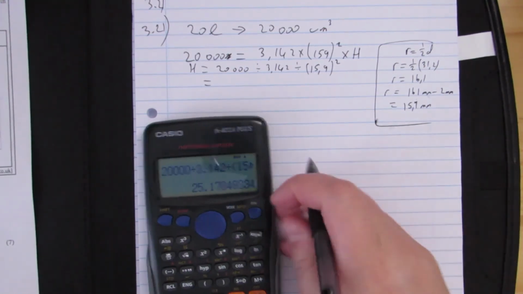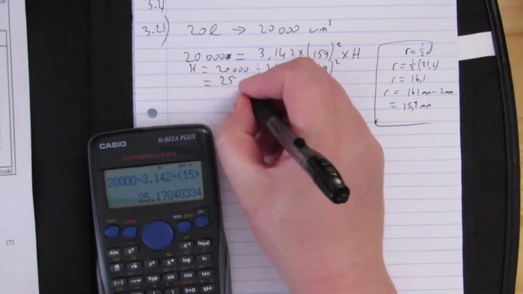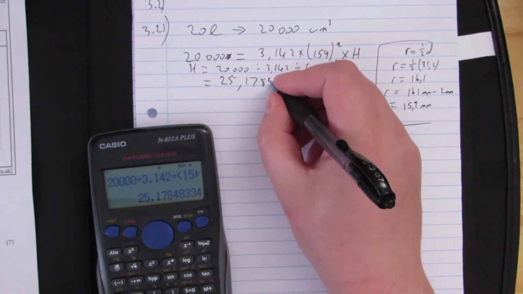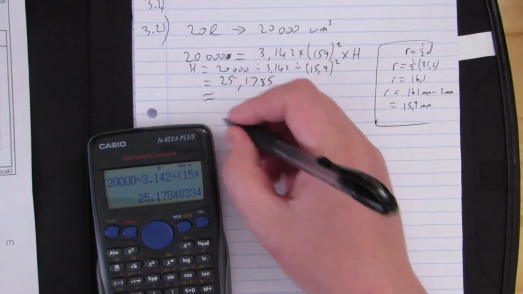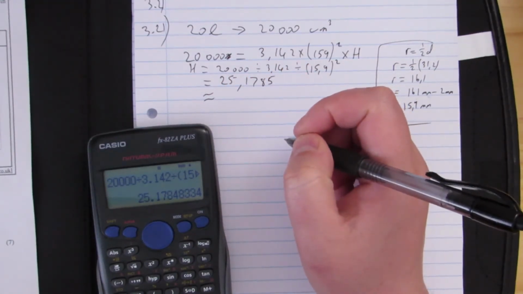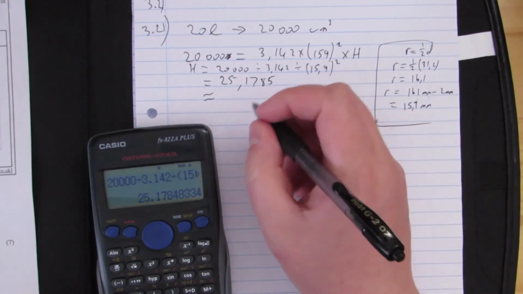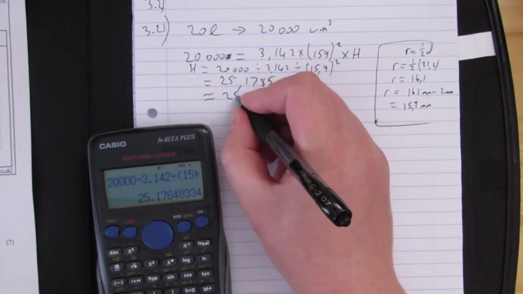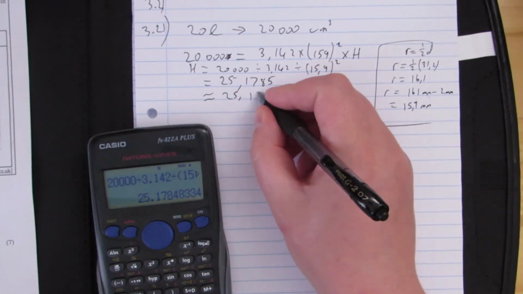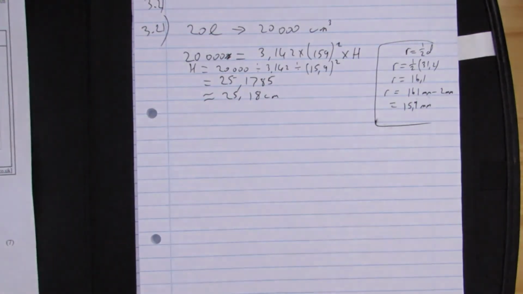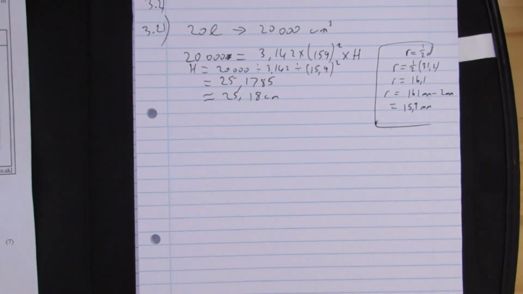So we get 25.1785, which they want us to give in centimeters. Okay, they don't ask us for the closest centimeter, so 25.18 centimeters is probably the closest we're going to get in that answer.